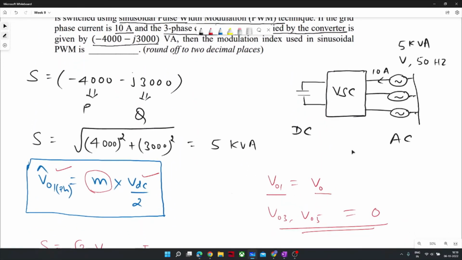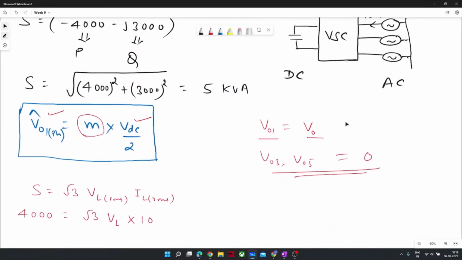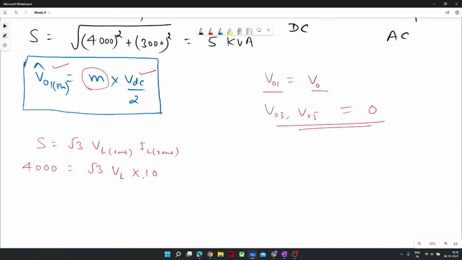So in a star connection, line is equal to phase, and for that reason, I am writing IL RMS is equal to 10 ampere. So we can compute VL RMS easily here, and that will come out to be 4000 divided by root 3 into 10. So that is 230.94. Oh, sorry, it was 5.